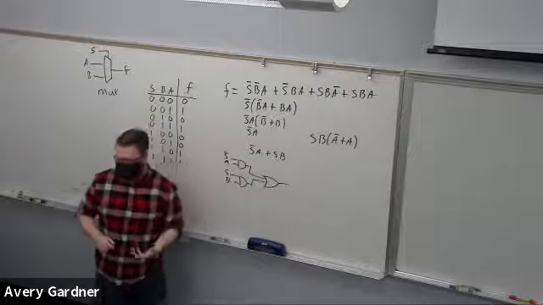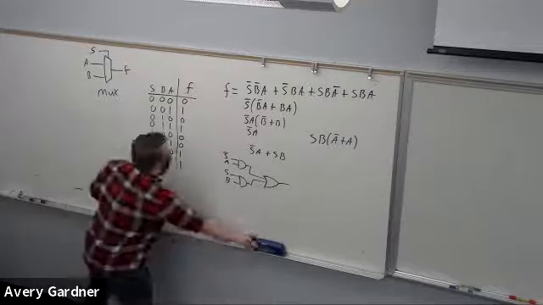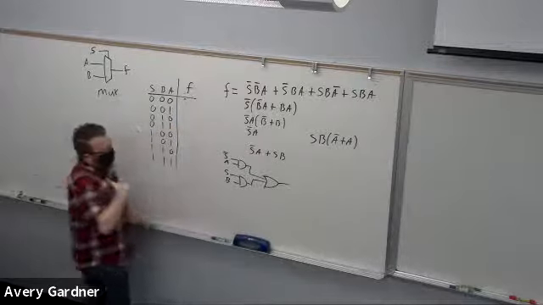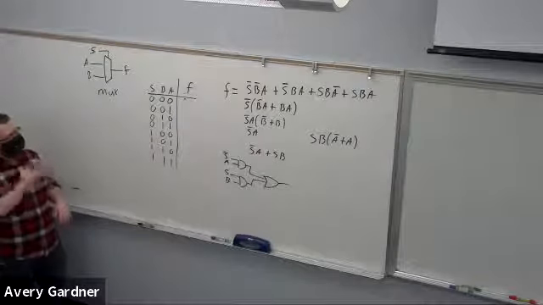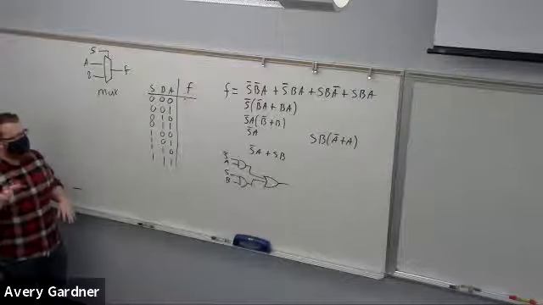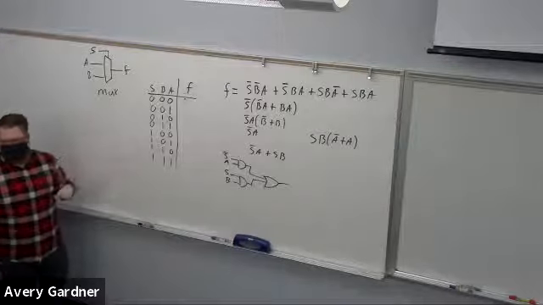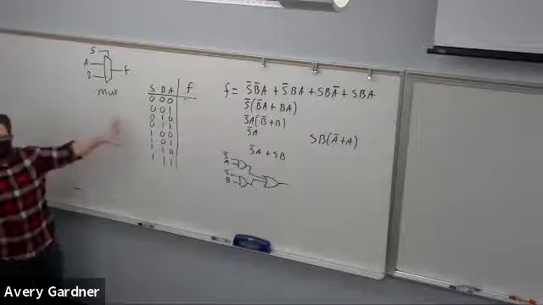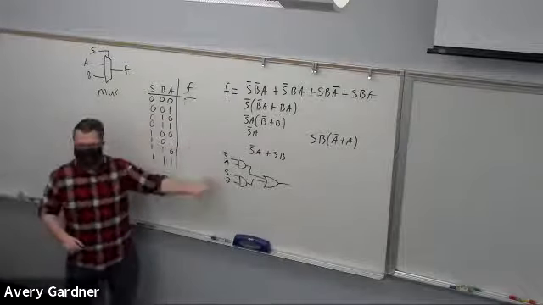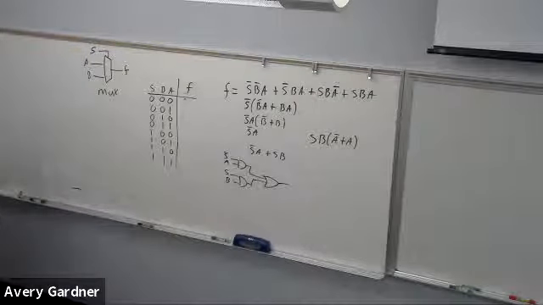So a good question, instead of a mux, I would say something like, design a circuit that detects when an odd, or say an even number of switches are on. Very similar to the other one. We have the prime number example, that kind of thing, where we're going to draw an expression, simplify it, draw a circuit. That's your design process for now. It'll get a little more complicated as we go along.